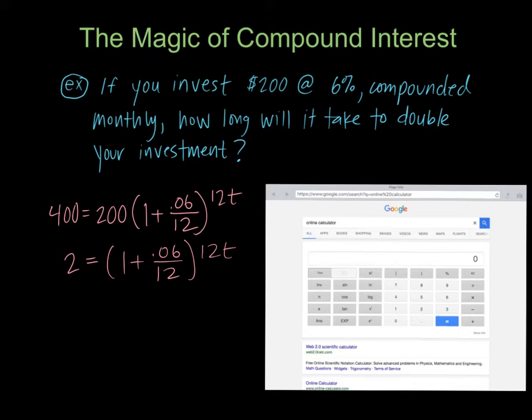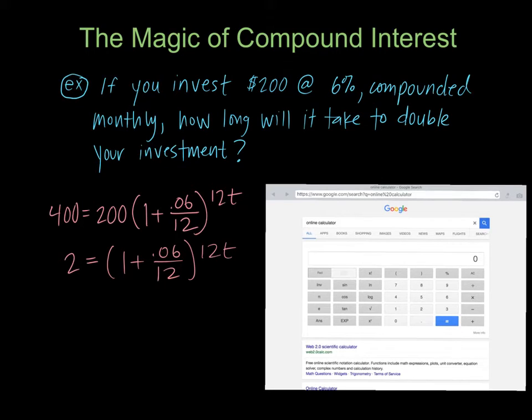Now the next thing I want to do is log both sides, because I have just a power on the left and I have just a 2 on the right. So I'm at the point where I need to log both sides. That's what we do when we need to solve an equation with an exponent unknown.